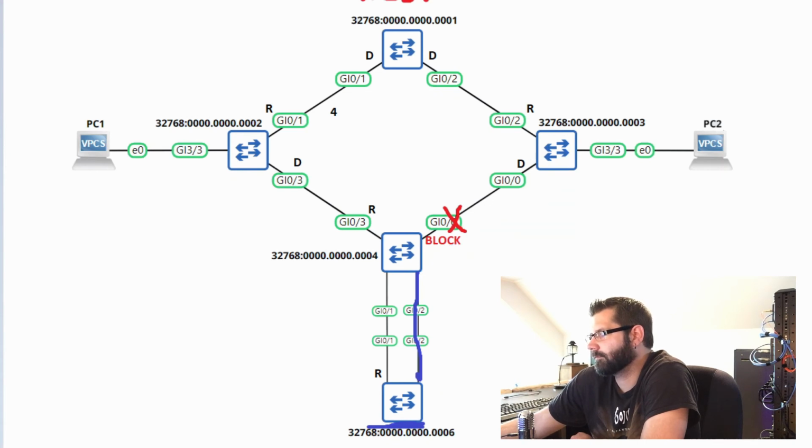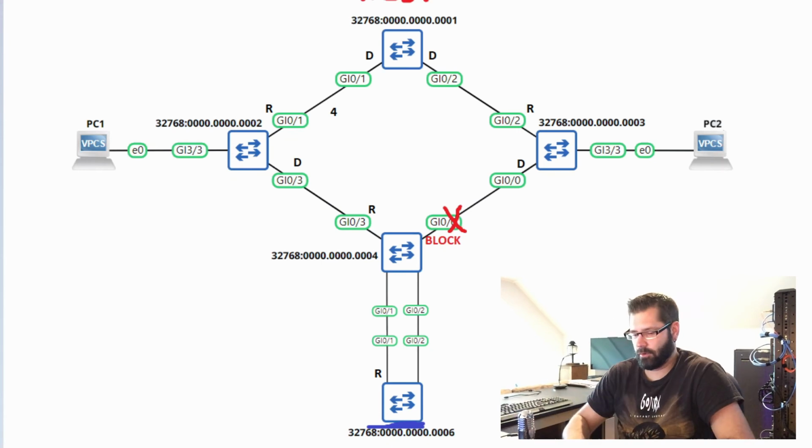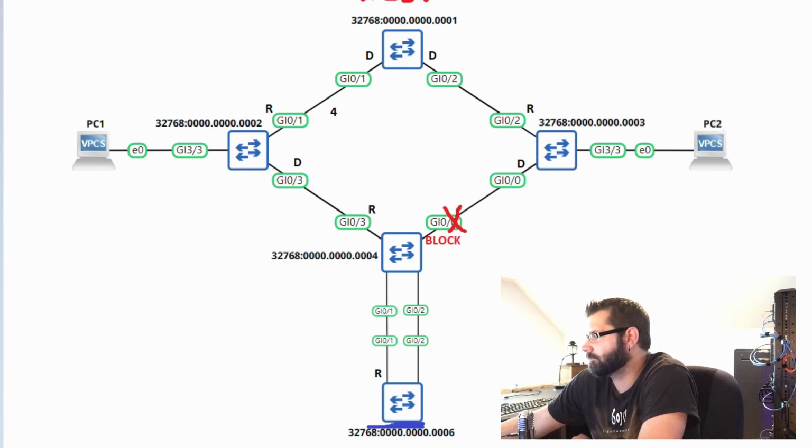Well, technically it would be more like this. Cost of 4, since this is blocking, cost of 4, so now we're at 8, and then 12. Or from this side of the link, we would have cost of 4, and then another cost of 4 is 8. So 8 is lower than 12. That would make this port on this switch a designated port.